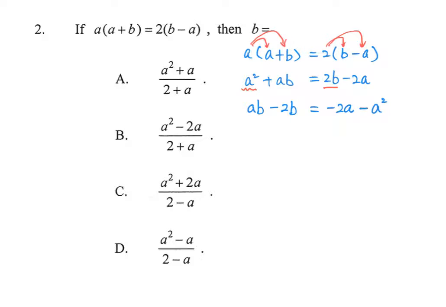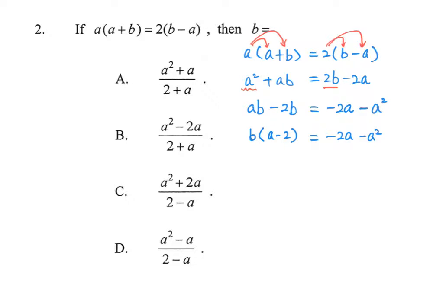On the left hand side, because there is more than one term including the subject B, we can factorize by taking out the common factor. Take out B, so we have A minus 2 on the left hand side. On the right hand side, you can just copy it down, negative 2A minus A squared.